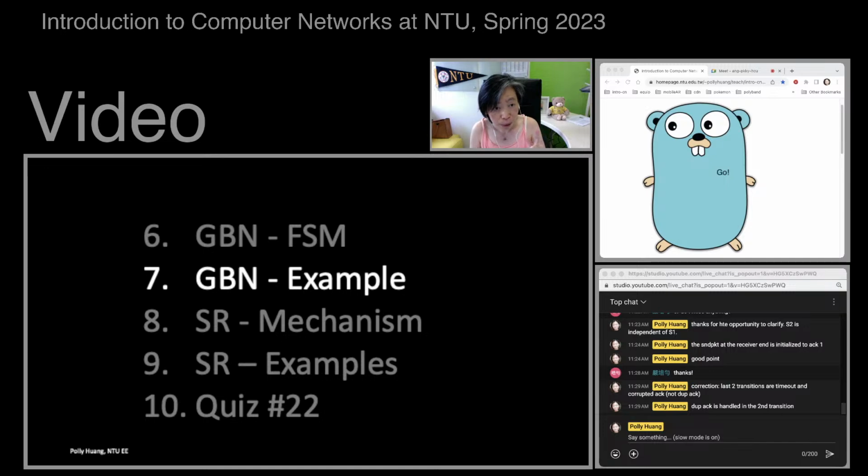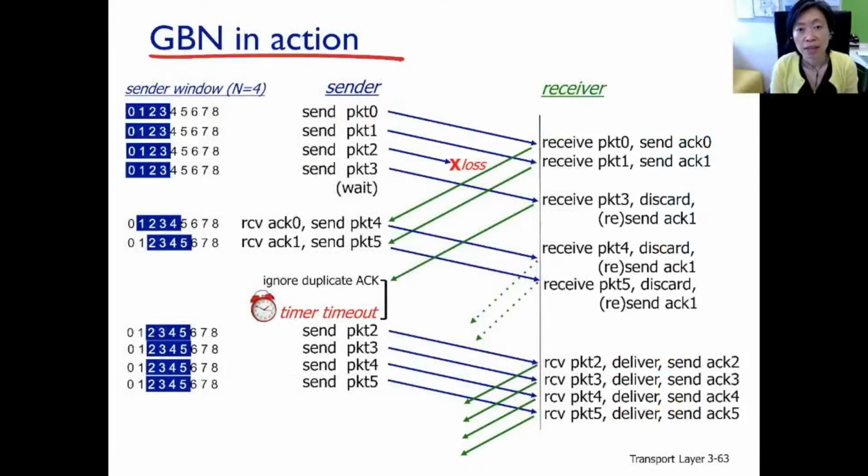Okay, first part is to walk through an example of Go-Back-N following the finite state machines. So let's recap Go-Back-N's sender finite state machine and the receiver finite state machine, just so that you can follow.